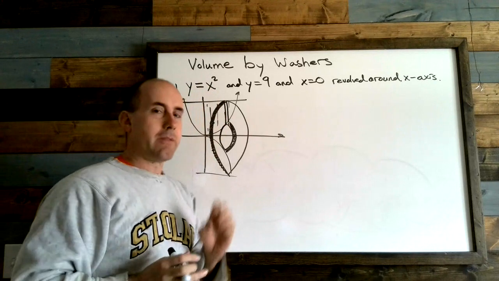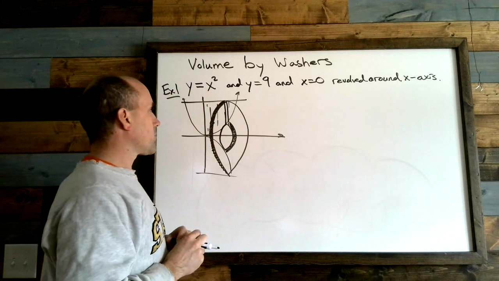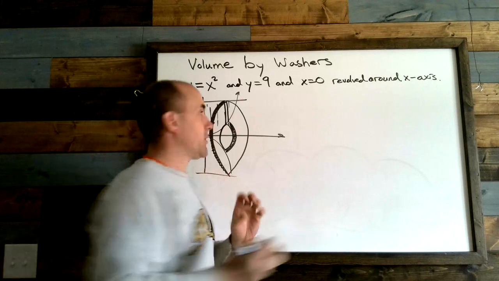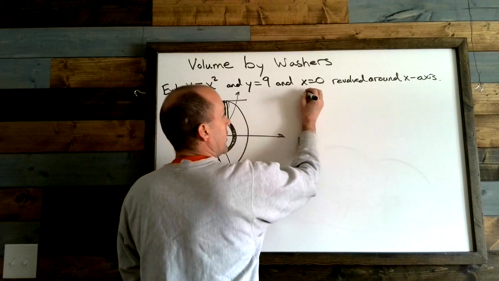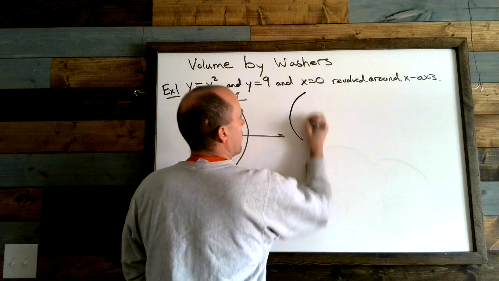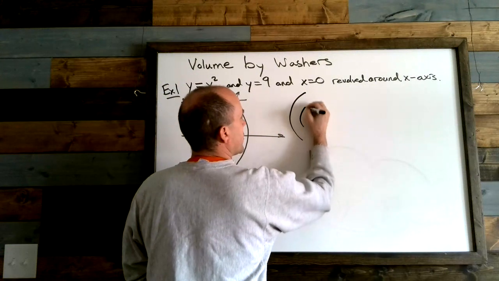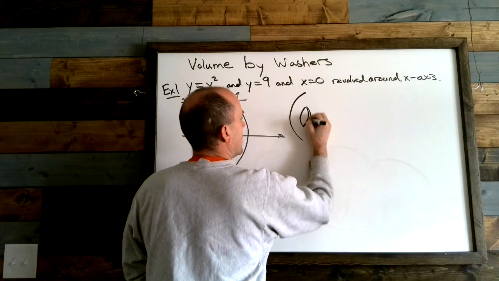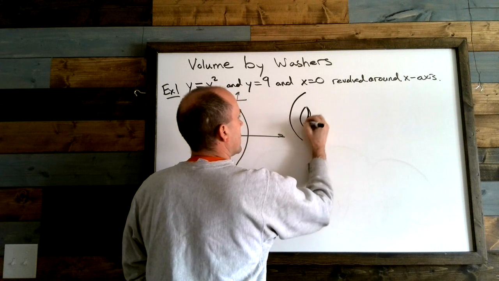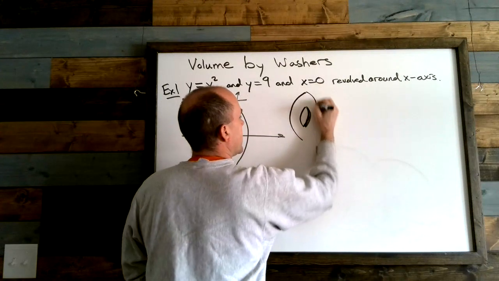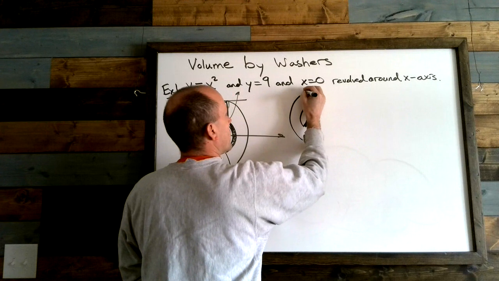It's not that big of a deal. I'm going to draw it out specifically over here. Once I understand that I get a washer, sometimes I like to put my work right over here to work on it.